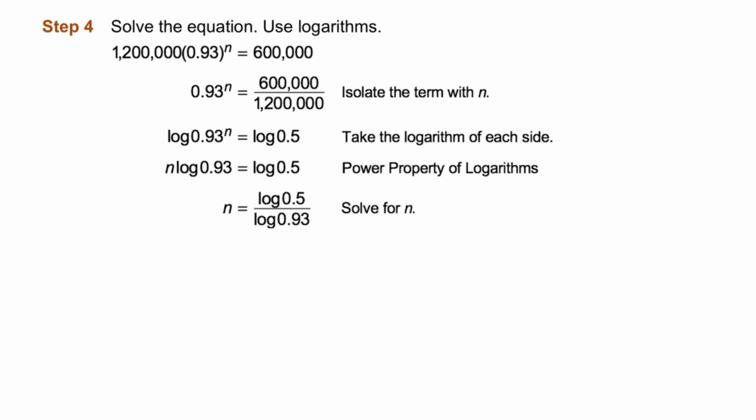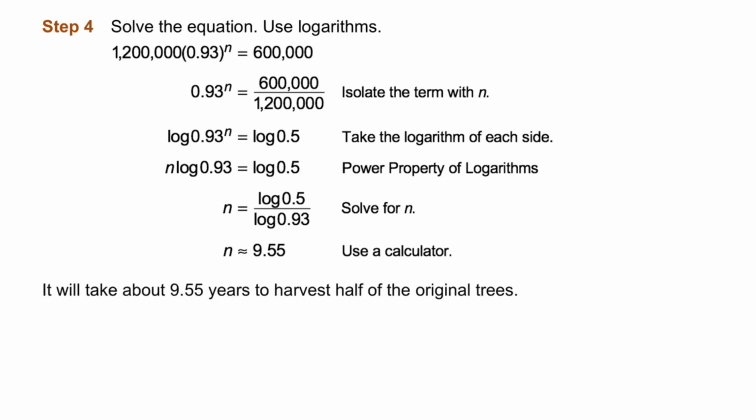So n equals log of 0.5 over log of 0.93. Then we'll use a calculator to find that n is approximately equal to 9.55. So we state in our final answer, it will take about 9.55 years to harvest half of the original trees.